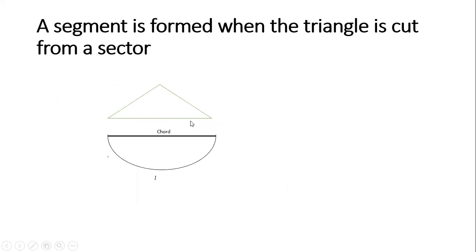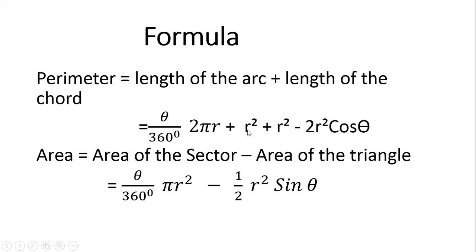Triangular form. So if we have this angle of a sector as theta, I can then use my cosine rule. Since these sides are both radii, I can use my cosine rule to find this length. Cosine rule is r squared plus r squared minus 2 r squared cos theta. That's not the only formula.